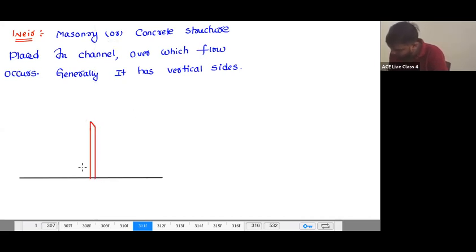And this is nothing but a sharp crest. So this is a weir, with what shape? Vertical shape. And is it a sharp crest? What is meant by crest, sir? Crest means the top of the weir.